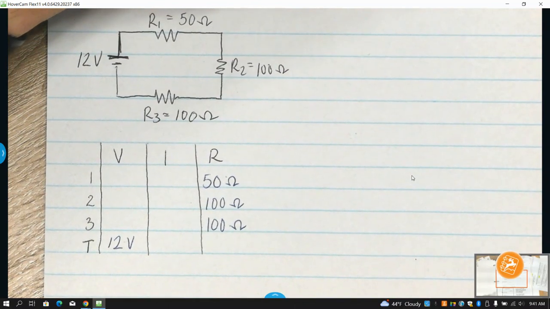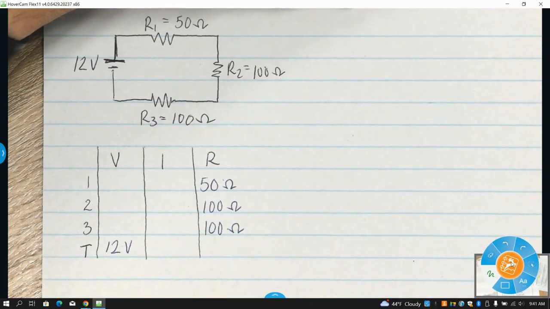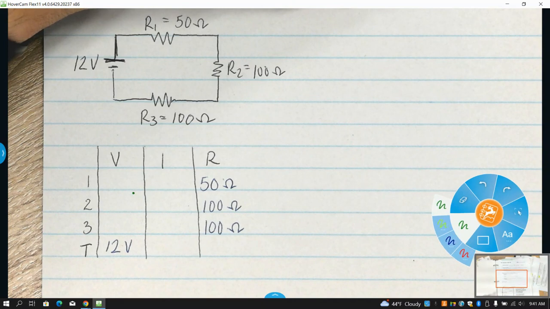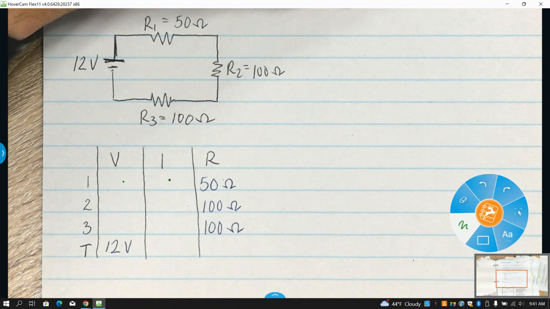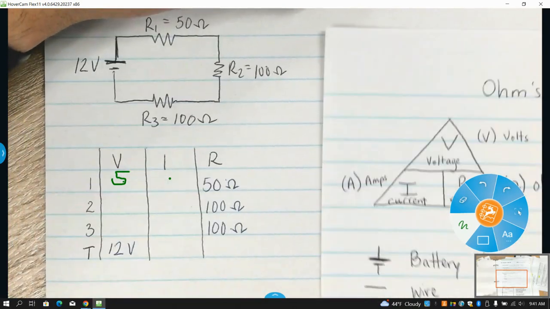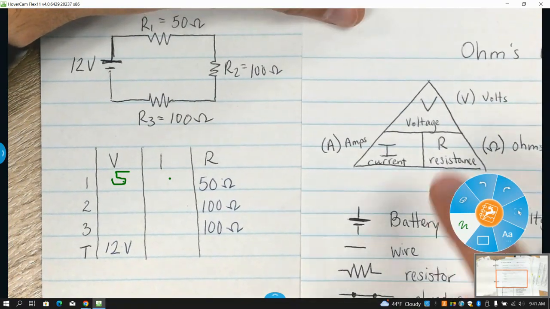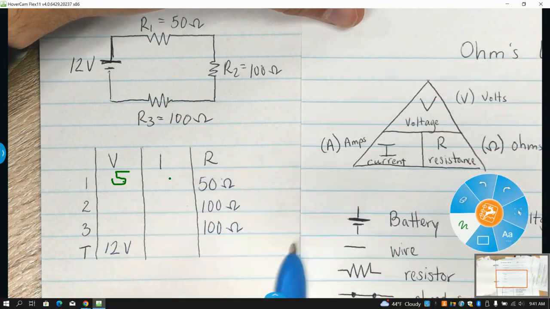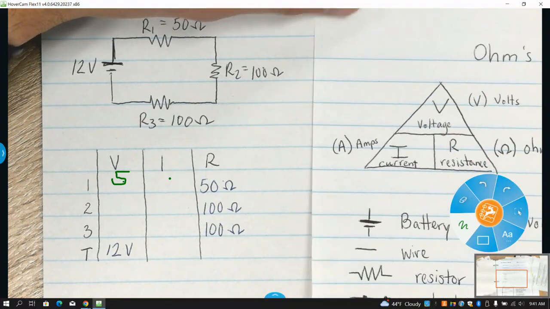So a rule is that to solve any three variable equation, you need two of the three pieces. If I knew this number was 5, then to find I, I could use the triangle for Ohm's law, where I would be equal to V divided by R, and work through it there.